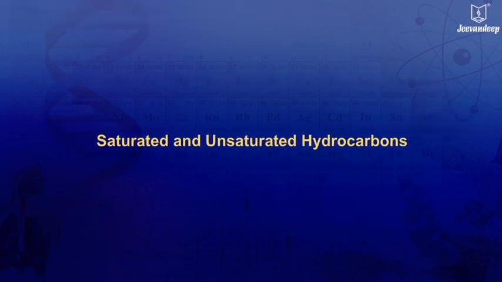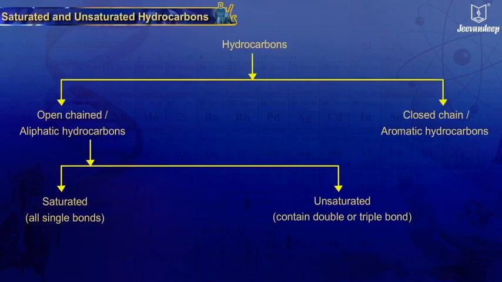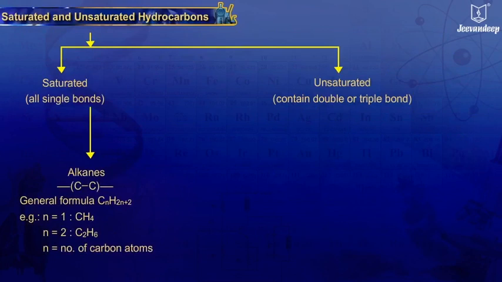Saturated and unsaturated hydrocarbons. A hydrocarbon in which all carbon-carbon bonds are single bonds is called a saturated hydrocarbon. They have all the hydrogen atoms possible according to the alkane general formula CnH2n+2.